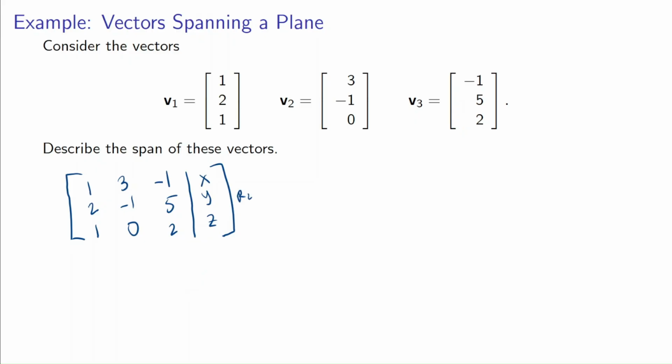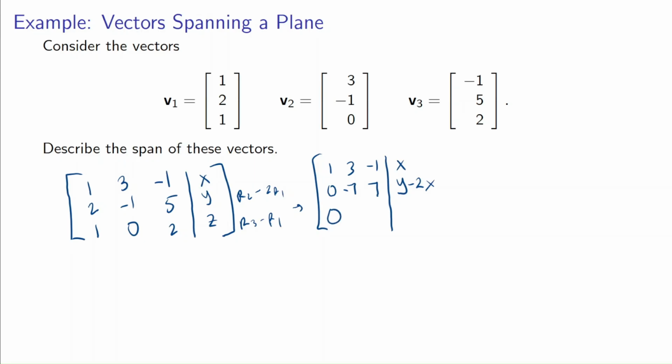We can do an R2 minus 2R1 and an R3 minus R1. 1, 3, negative 1, x, and then 2 minus 2 is 0, negative 1 minus 6 is negative 7, 5 plus 2 is positive 7, and then we're going to have a y minus 2x.